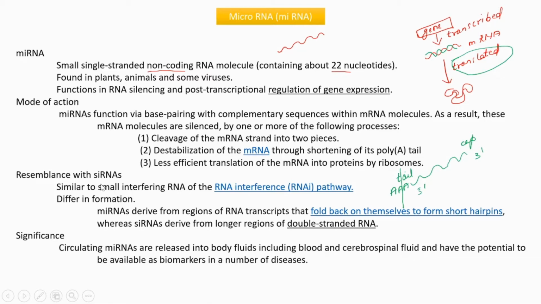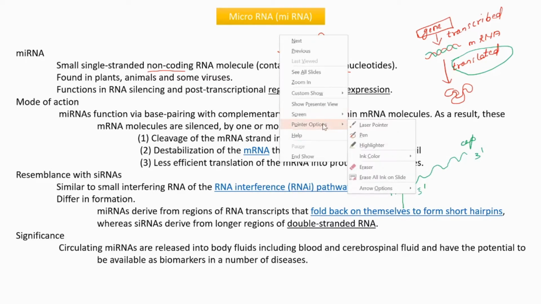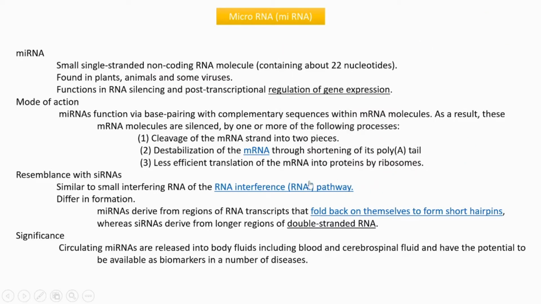siRNA means small interfering RNA, and it is involved in the RNA interference pathway. I will show you what that is. Before that, I need to remove all ink marks.